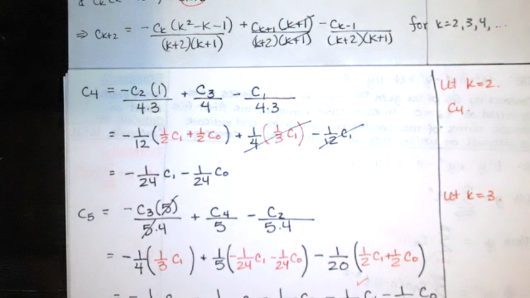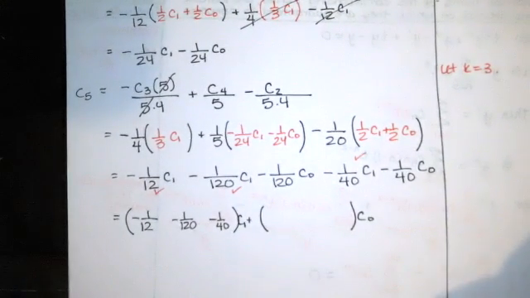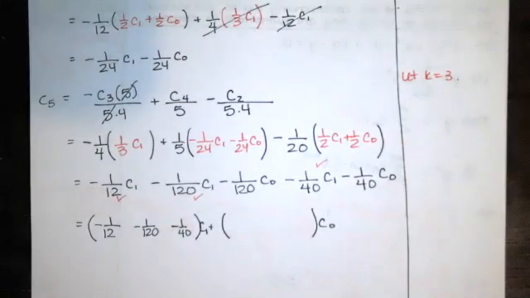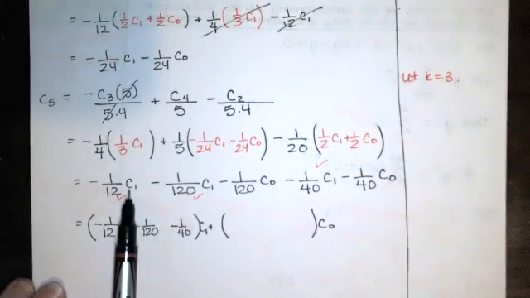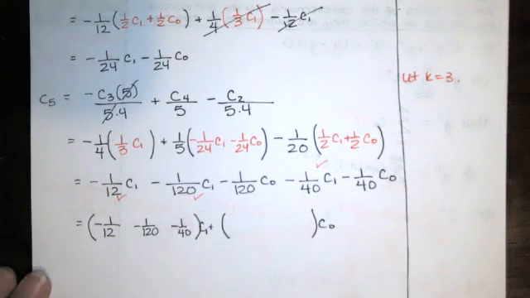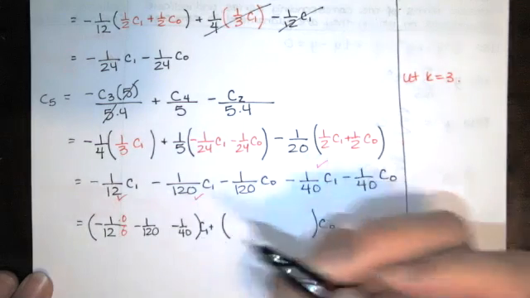Oh, I'm sorry, I was looking at my paper and I was not looking at the camera, so I didn't realize you guys couldn't see that. But I'm just collecting like terms in the c sub 1. So I've got this one, and this one. I want to add those together. That means we need a common denominator. So it looks like the common denominator is 120.